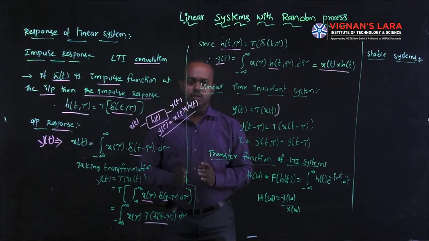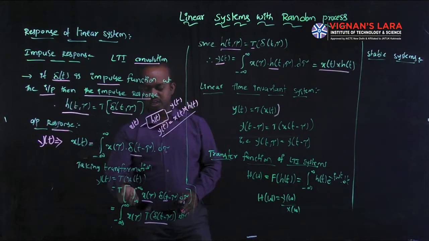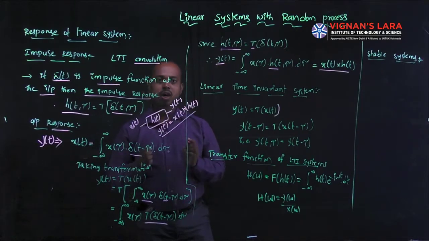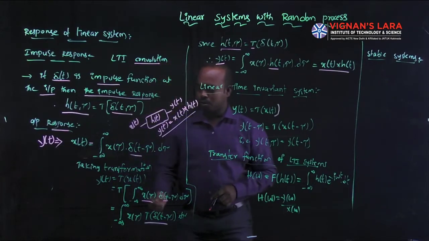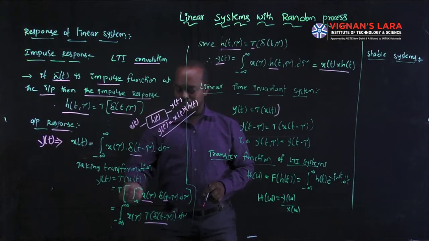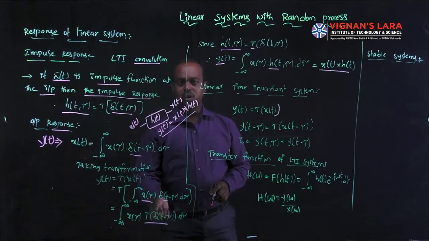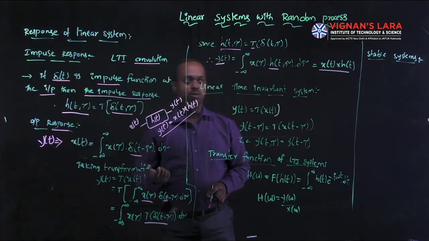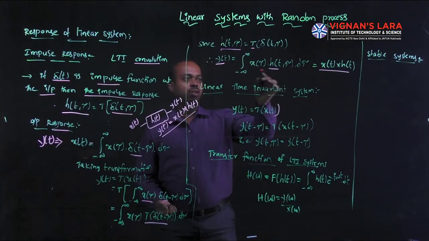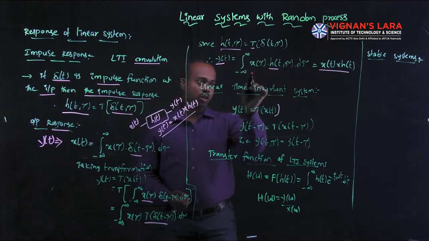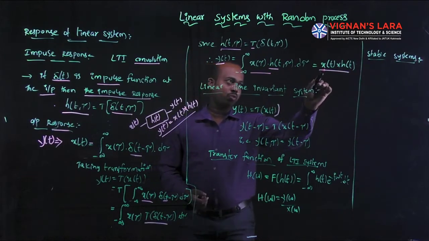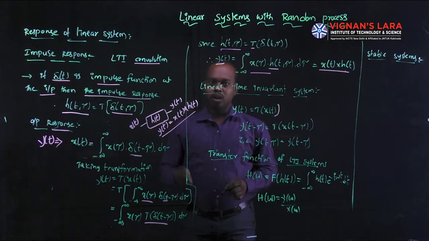The system response is always the transformation of the input. The transformation is applied only on the time parameter, but not on tau. Tau is a time difference. Taking the transformation on the impulse function represents the system function. Now I replace the system function in that equation, which gives a convolution between x(t) and h(t) for a continuous time signal.